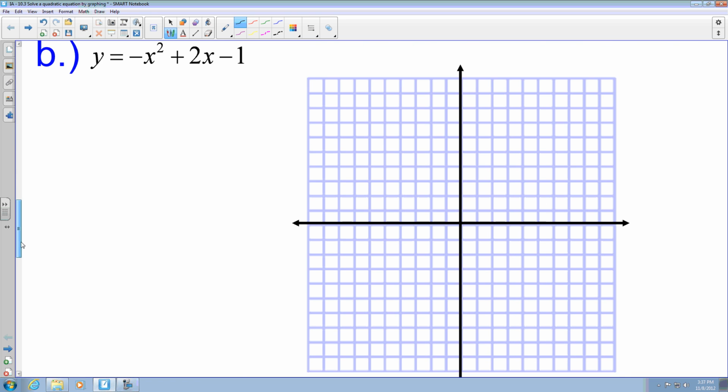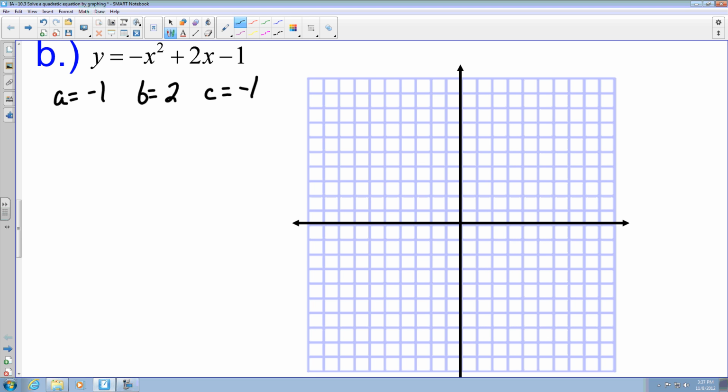Here's another. So if we look at it, again, we're going to find what our A, B, and C equal. We know that A is negative 1, B is 2, and C is negative 1.